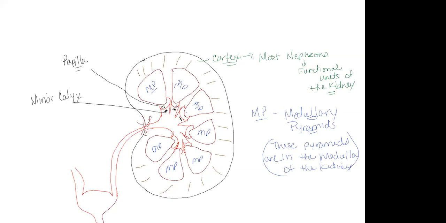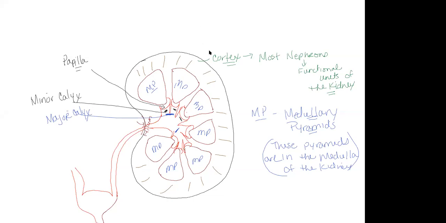So we have the minor calyx and the papilla there. Now, just below the minor calyx, we have the major calyx. That's this section here. So this section just below is all major calyx. So we have the minor and the major calyx.